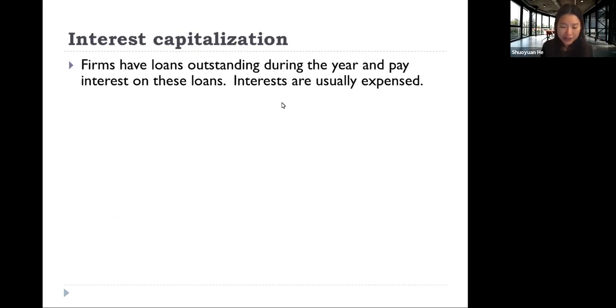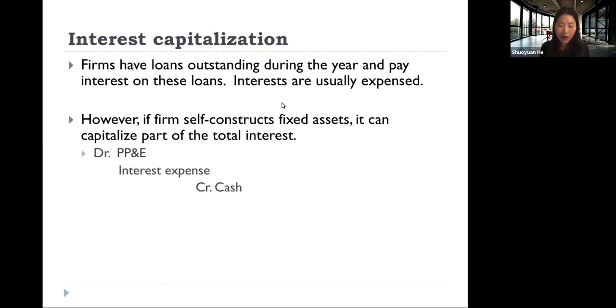Here, as I just said, firms have loans outstanding during the year and pay interest on those loans. Interest is usually expensed. However, if a firm self-constructs a fixed asset, it can capitalize part of the total interest. In other words, if part of that loan is used to finance self-constructing a fixed asset, some of that interest expense can be capitalized. We can put it into the cost of the asset.